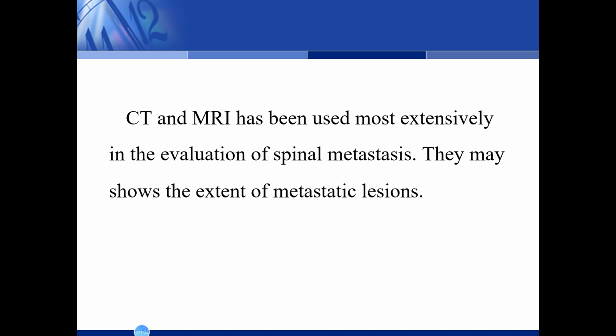CT and MRI have been used most intensively in the evaluation of spinal metastasis. They may show the extent of the metastatic lesions. Metastasis occurs often in elderly persons and in the bones rich in red marrow. The vertebrae, pelvis, ribs, and skull are often the sites of the metastasis.